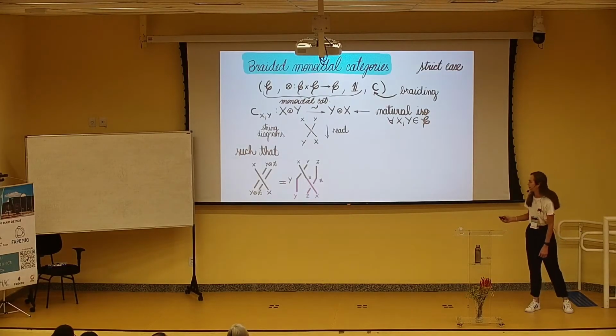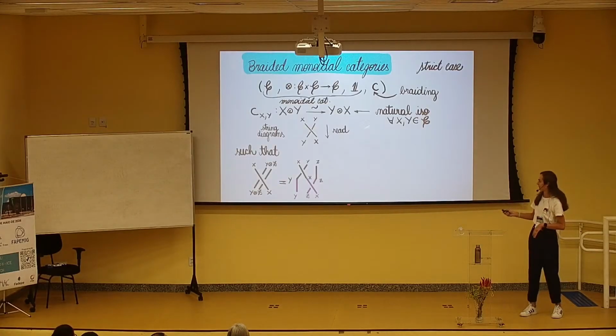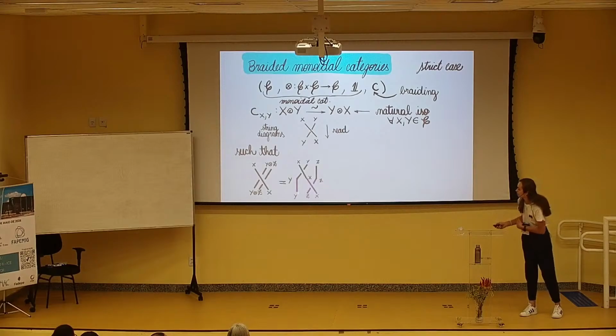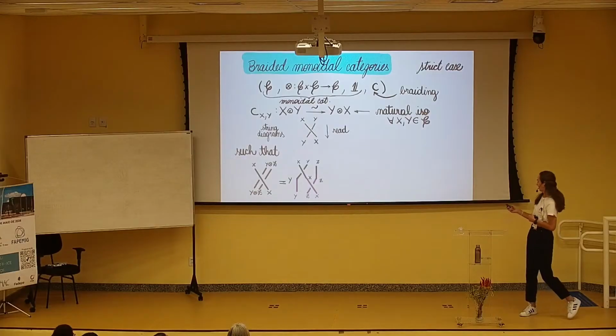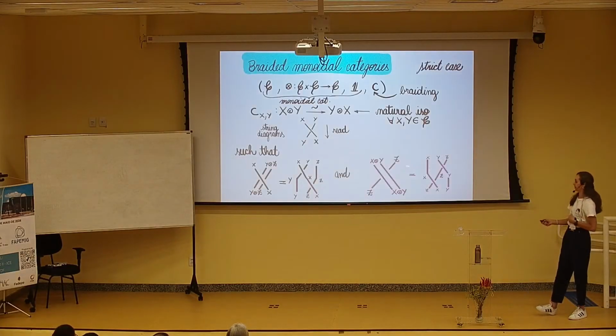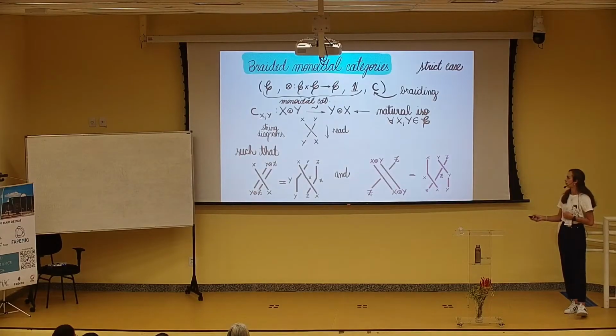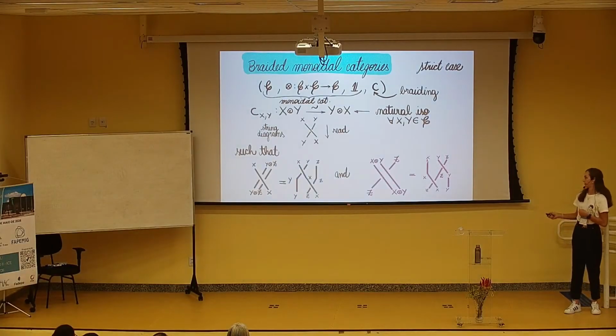So if you just forget about the maps, this is just a game for kids, right? This is strings. And of course, there is the other diagram. If I put x tensor y in the first place, and then z, this is how it is compatible: you do the identity on x, then c_{y,z}, and then c_{x,z}, and then the identity on y.